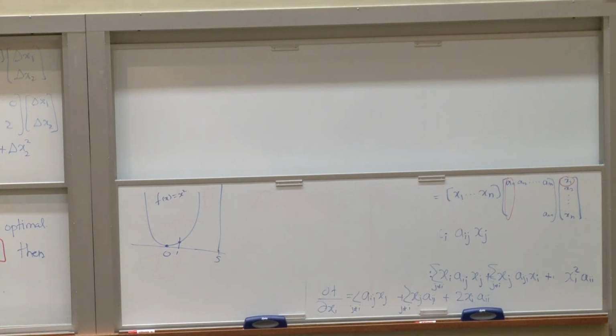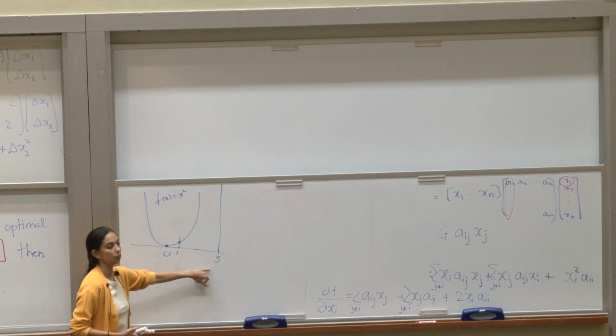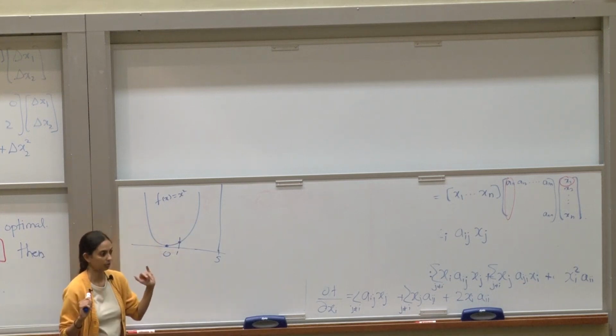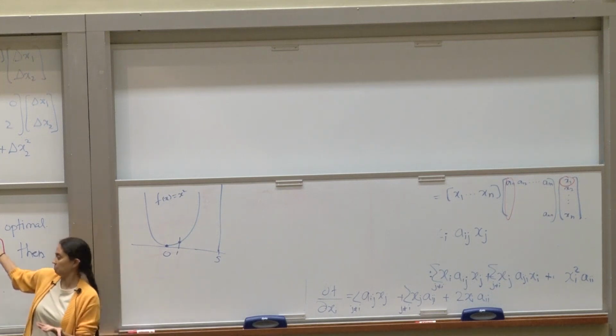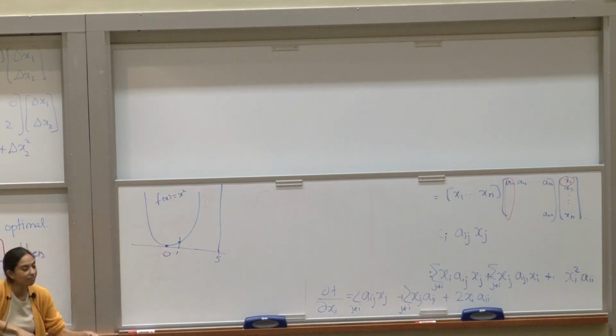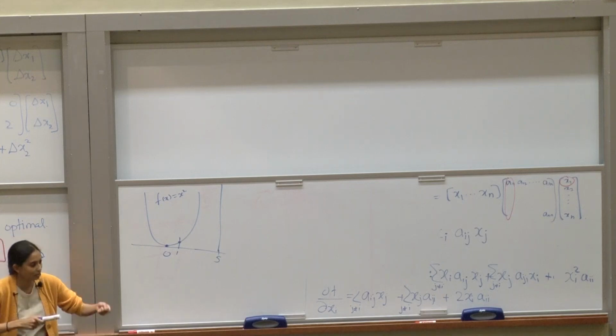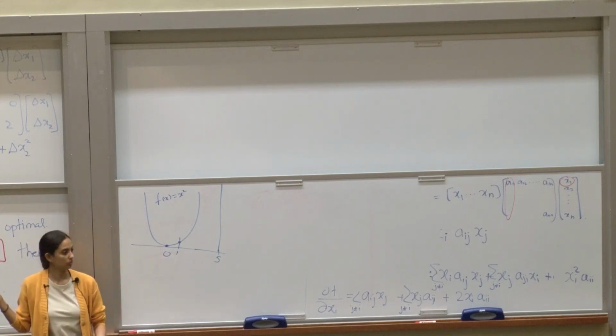So here we're considering an open set so that we don't run into situations like this. In this case, on this open set 1 to 5, there is no point where the derivative is 0. Do you see that? And again, this is important. What this is saying is that if x star is optimal and it's an open set, then you can guarantee that the derivative is 0.